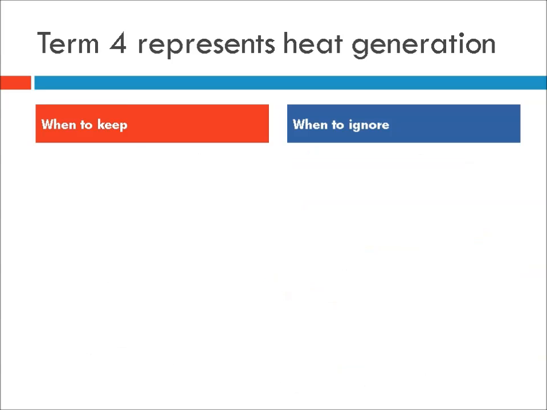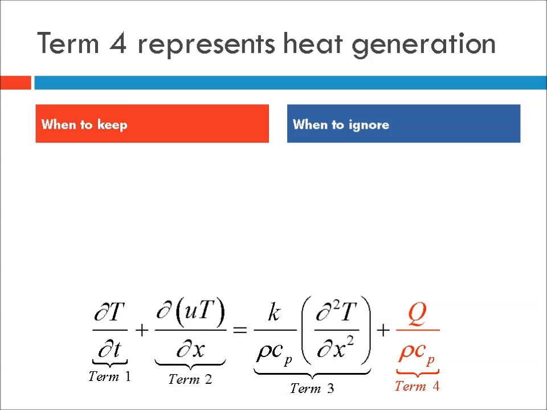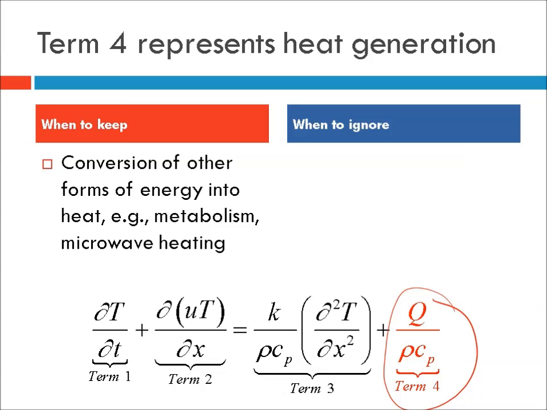Then finally, term 4, this guy has to do with heat generation. So anytime we have conversion of other forms of energy into heat. So let's think for a second. This term basically takes care of any other form of energy being converted into thermal.